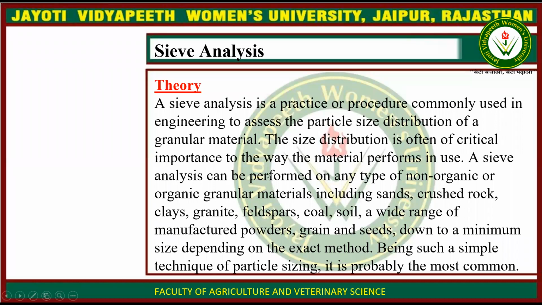A sieve analysis can be performed on any type of non-organic or organic granular materials, including sands, crushed rock, clays, granite, feldspars, coal, soil, a wide range of manufactured powders, grains, and seeds, down to an optimum size depending on the exact method.